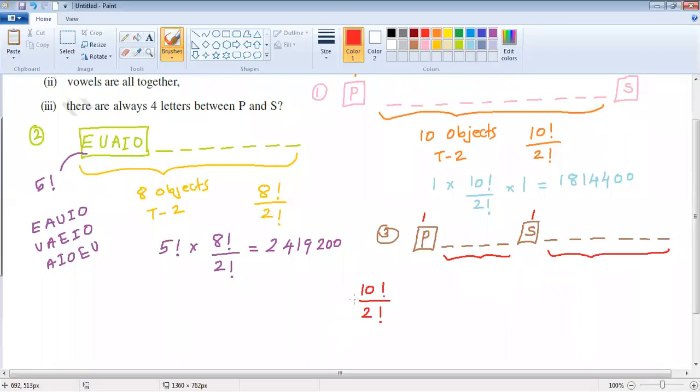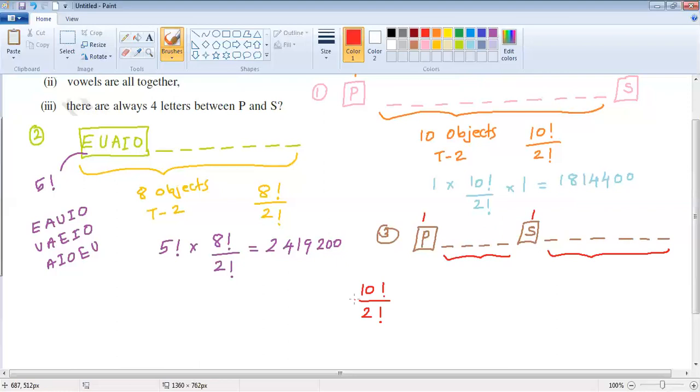So P is in the first position. After that, S is in the 6th position. So in between P and S there are 4 letters, and after S there are 6 letters. P and S are fixed, because 4 letters must come in between. So the remaining 10 places are there.